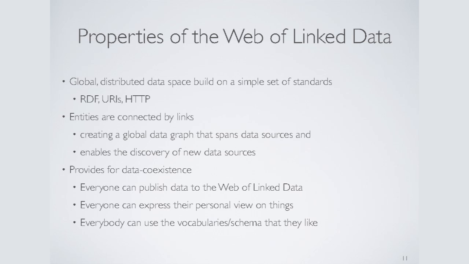It also enables unlimited discovery of new data sources. Linked data provides for data coexistence. Everyone can publish their data on the web of data, in their own view on the data, and everybody can use their own vocabularies or schemata to publish linked data.